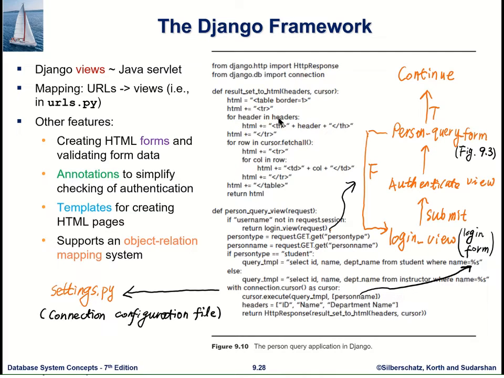So we loop over the headers. Headers will be an array, a string array. And then for each table head we just add it, one by one: ID, name, dependent name. So that means we just output those three attributes, and then we finish the table row.